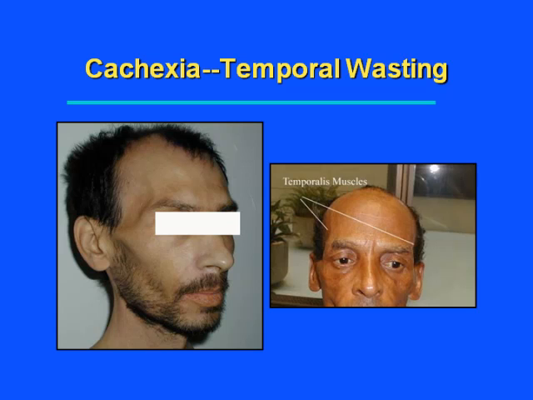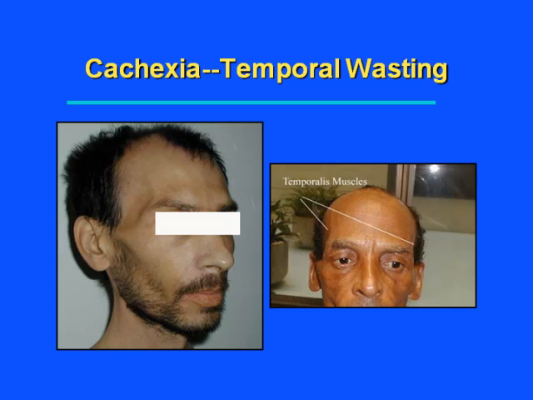This is another patient who has temporal wasting, and you can see that on exam. This is not a specific finding, but it's another example of how you're being observant for things outside the chest that could be associated with chest illnesses. So, for example, a patient with advanced tuberculosis might have lost weight.